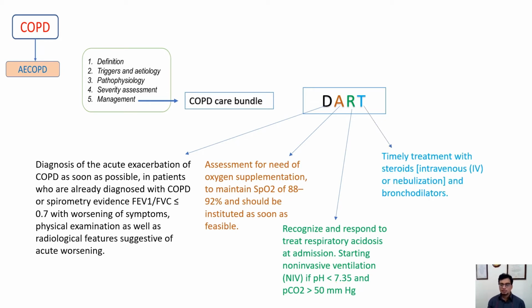T is timely management with steroid, that is IV or systemic steroid, or nebulized steroid, and also bronchodilator. Steroid and bronchodilators have to be started as soon as possible. Once you recognize, diagnose, assess, and start oxygen, after oxygen you have to give a steroid and bronchodilator.